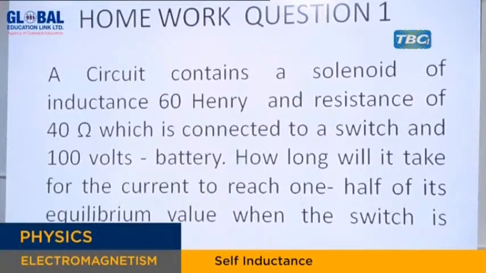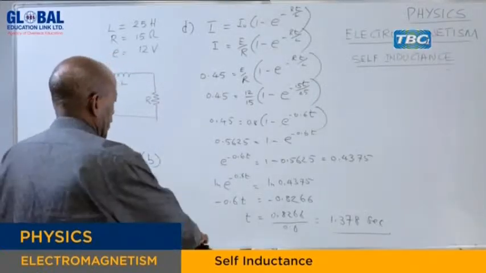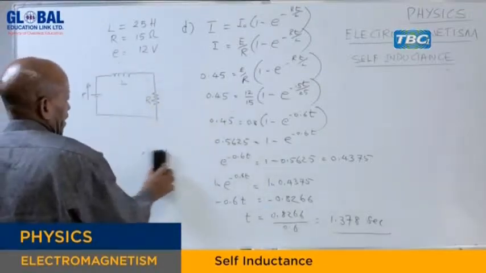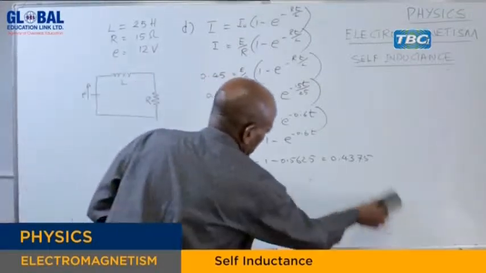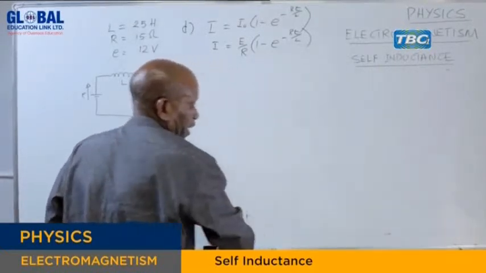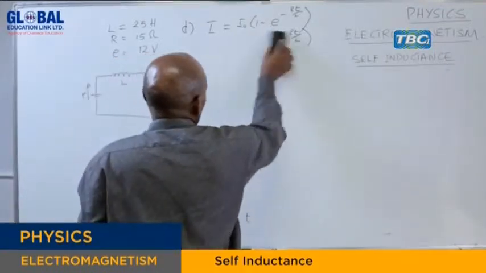How long will it take for the current to reach half of its equilibrium value when the switch is closed? That is the question. Really, we have a circuit just like this, as what we have already done previously. So what you are supposed to do here is determine the time from the given equation.